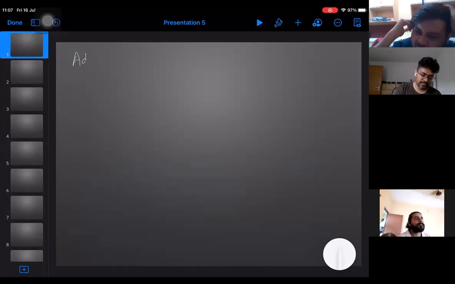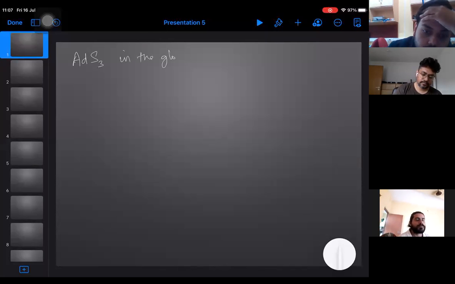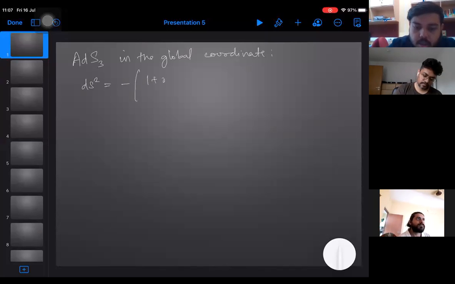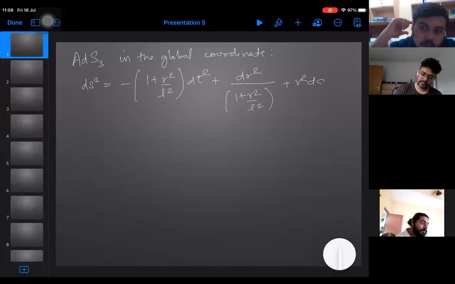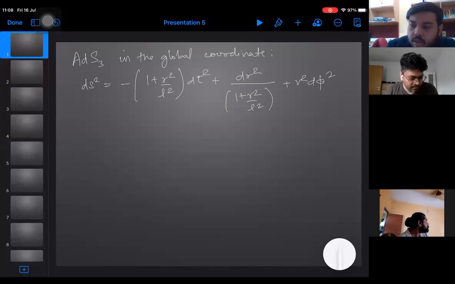So yesterday we started with AdS3 in the global coordinates, plus r squared dφ squared.